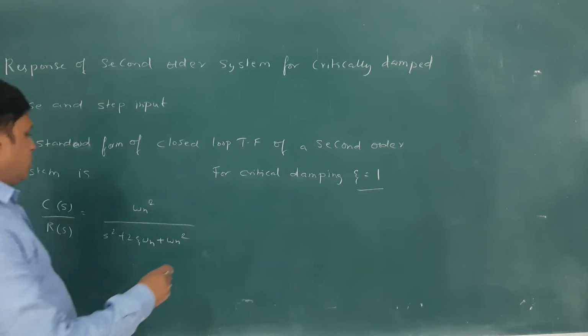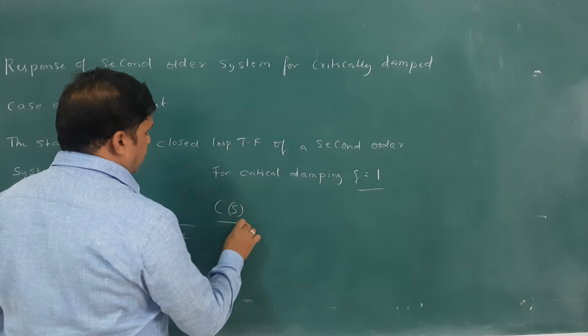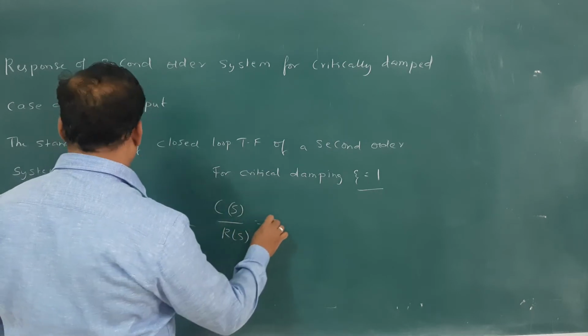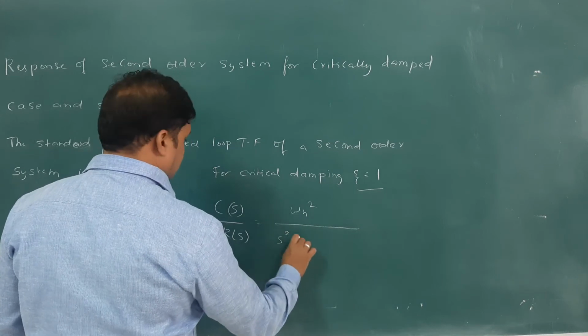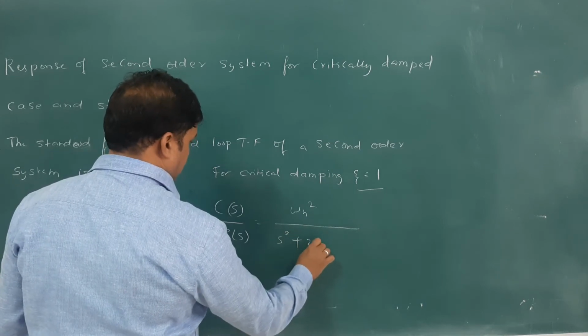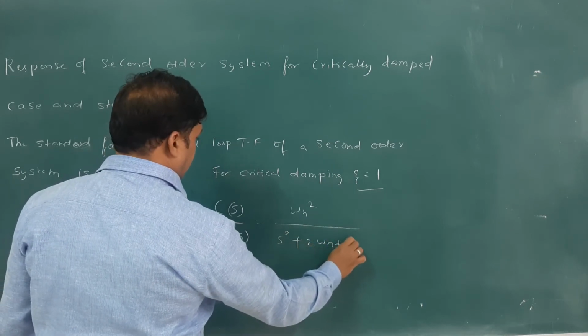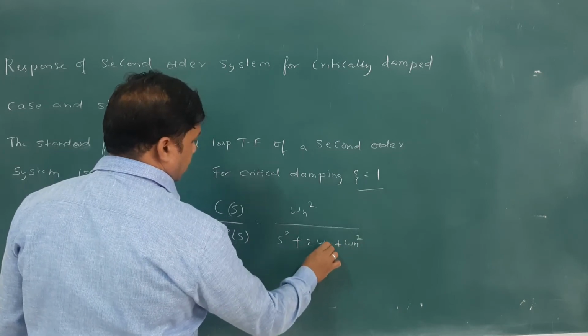Therefore, C of s by R of s is equal to omega n square divided by s square plus 2 omega n s plus omega n square.